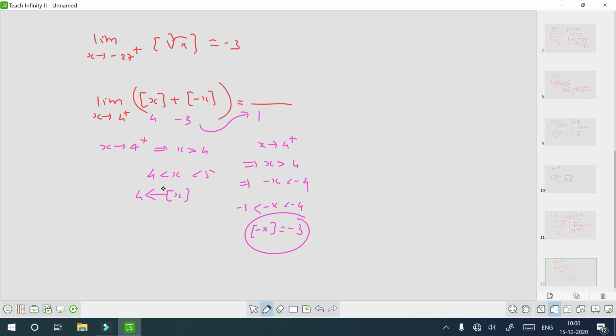Let us take one more practice. Limit x tends to minus 8 plus of cube root of x. See, x tends to minus 8 plus means what? x greater than minus 8. So minus 8 less than x.